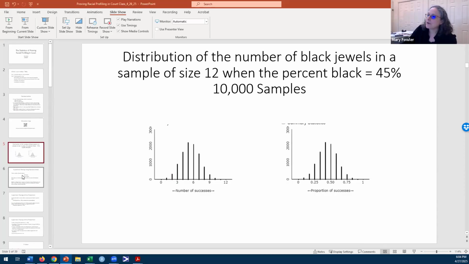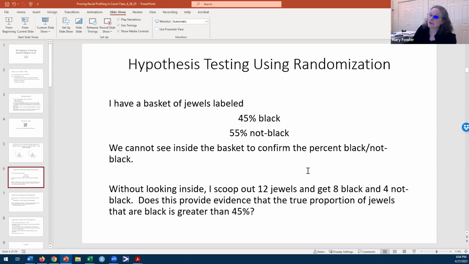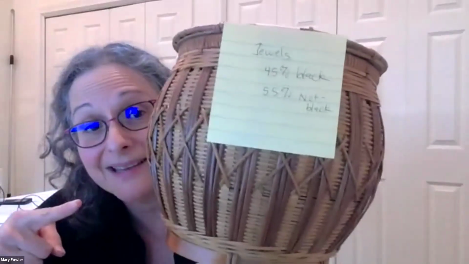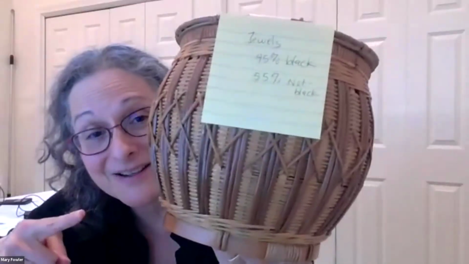In order now to use this to do a hypothesis test, I want to show you something I have here, which is a basket, and in the basket are jewels. The basket has a label on it that says 45% black, 55% not black. But I can't see in the basket, and what I want to know is, can I believe that?